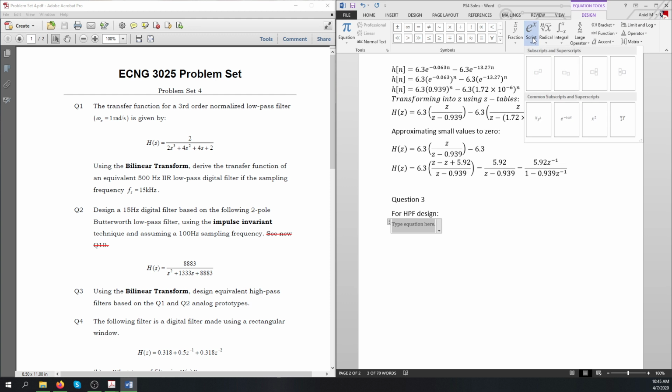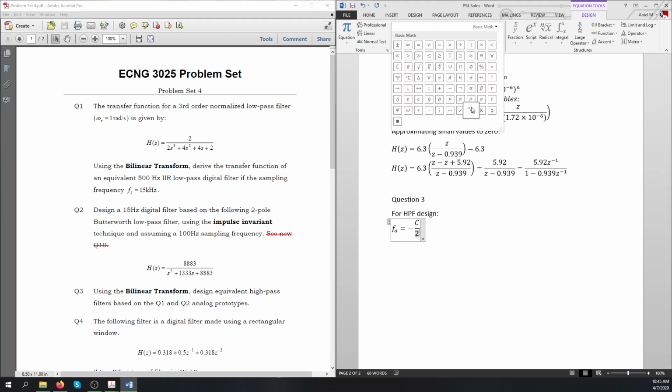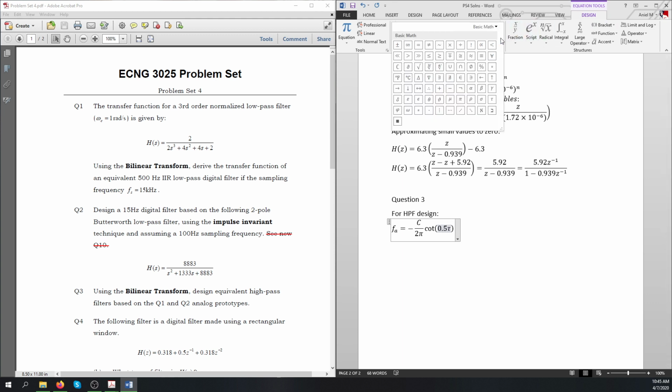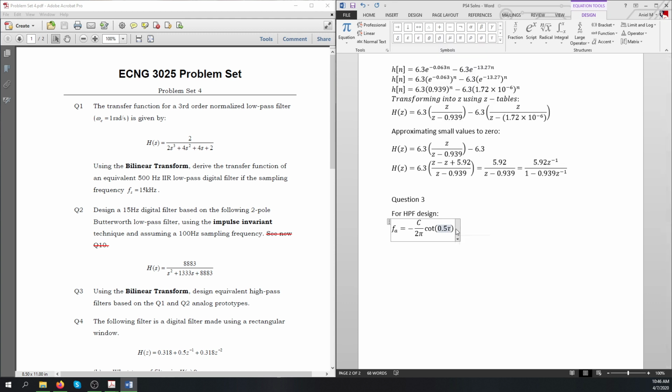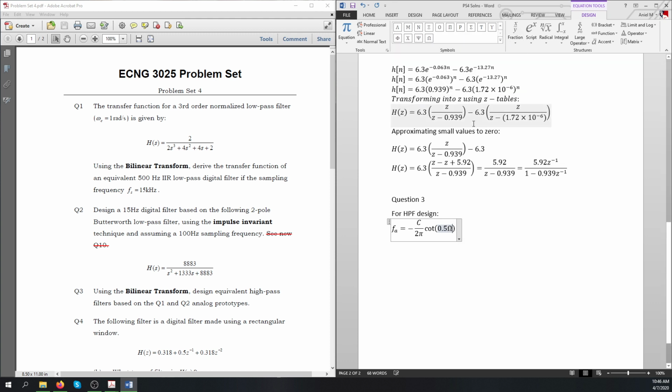So f of a here will be equal to minus C divided by 2 pi of cotan of 0.5 capital omega.